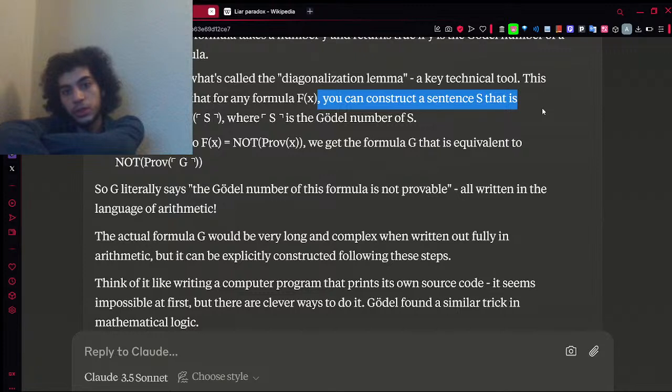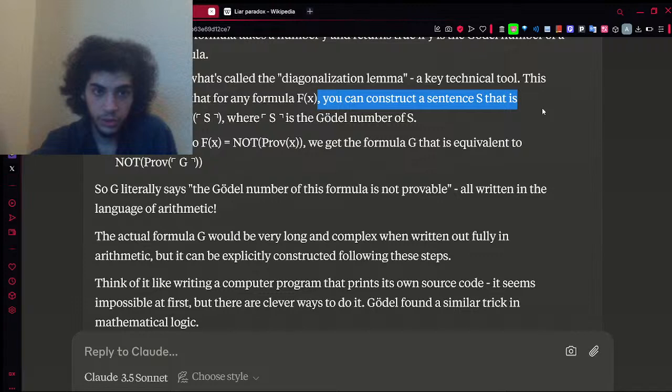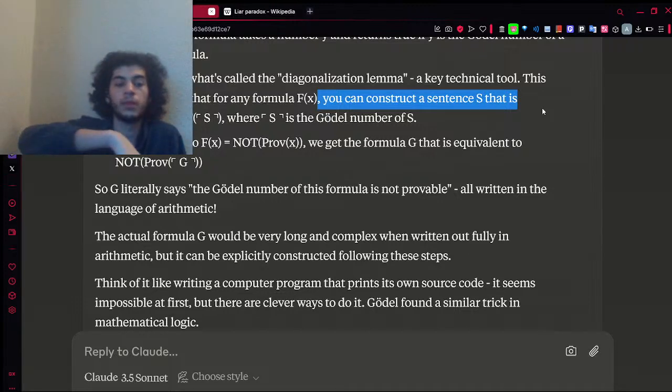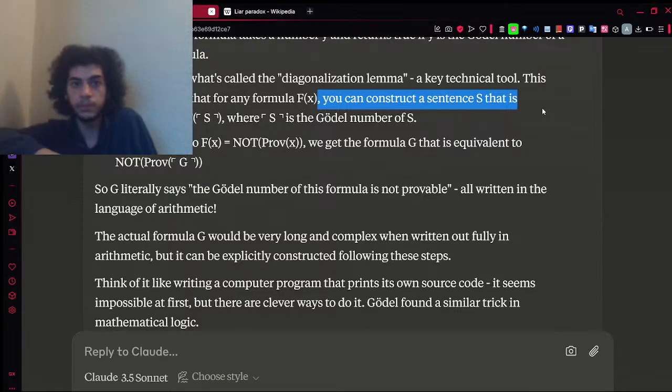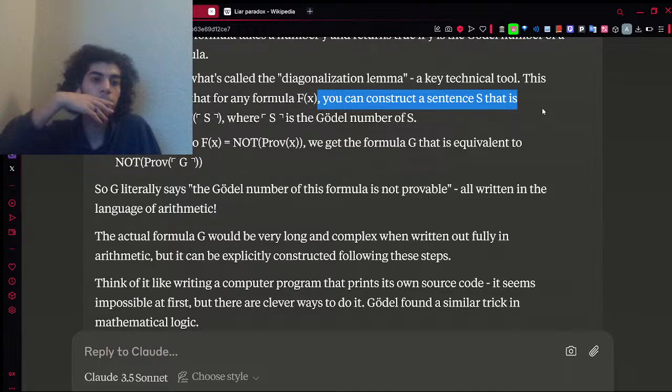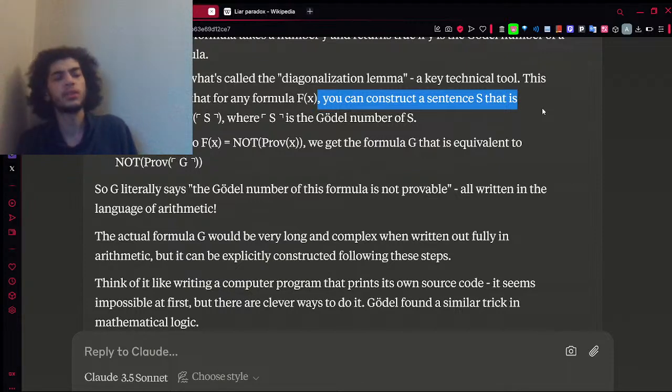We get the formula G that is equivalent to not Provable of the Gödel number of G. So G literally says the Gödel number of this formula is not provable. Hmm, so it's using the Gödel number as the thing it refers to that is not provable. Oh, okay, I think I get it.